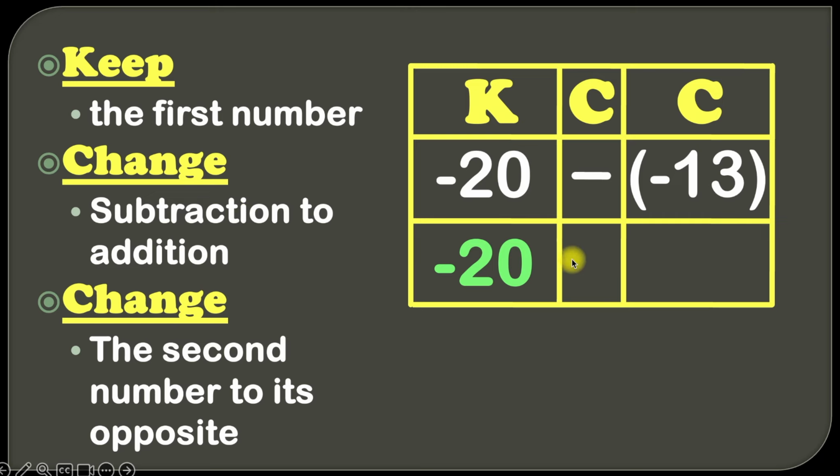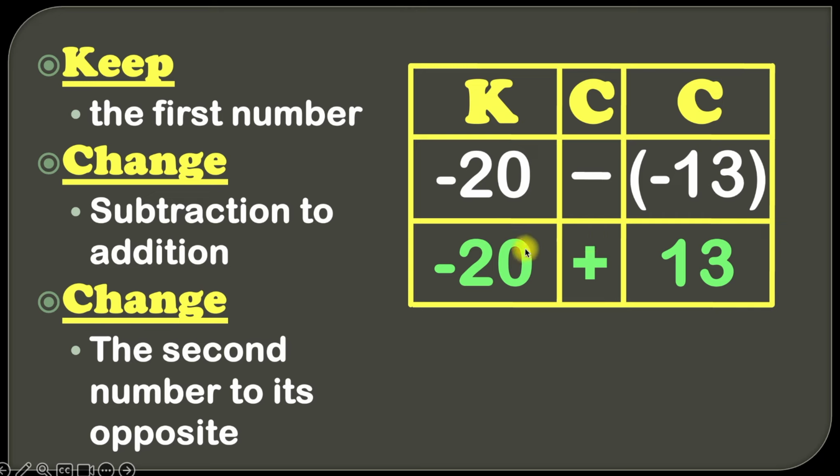So I'll put a plus sign in here. And finally, we'll change this second value to its opposite. Since this is negative 13, the opposite of negative 13 is positive 13. Now this is a little bit tricky because we have different signs, but because it's an addition question now, we can think logically about the numbers.